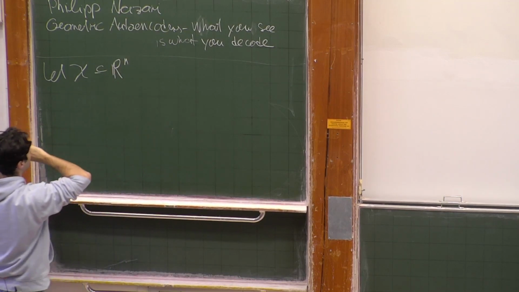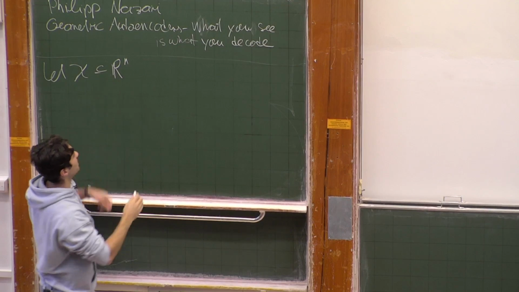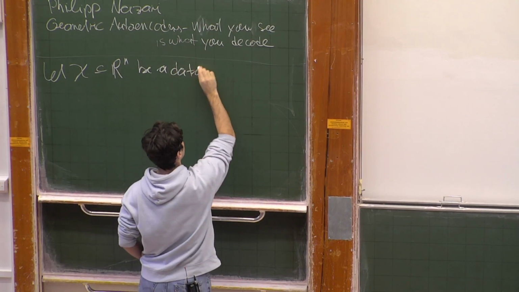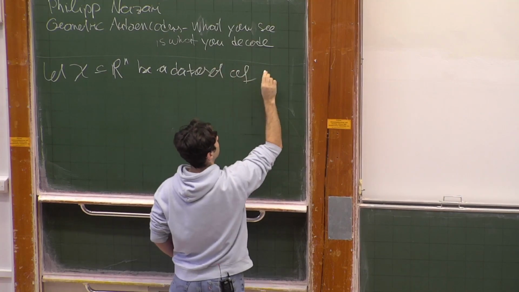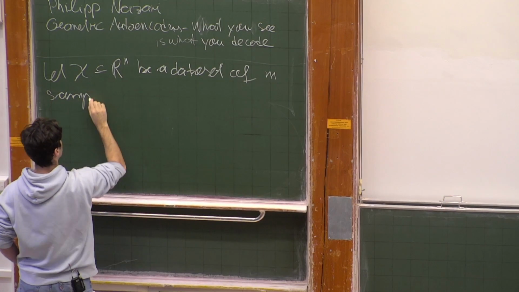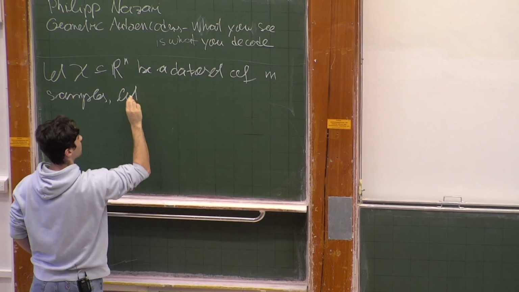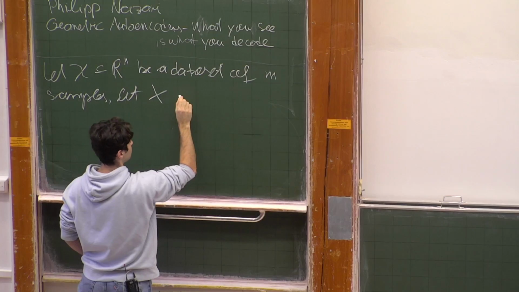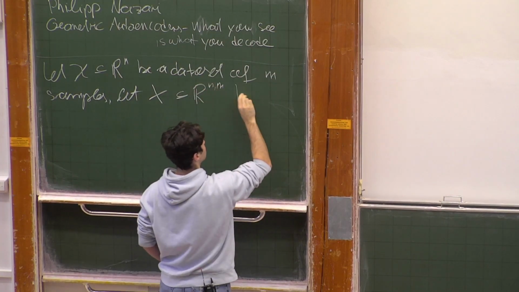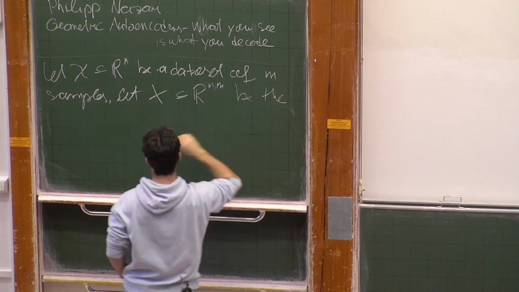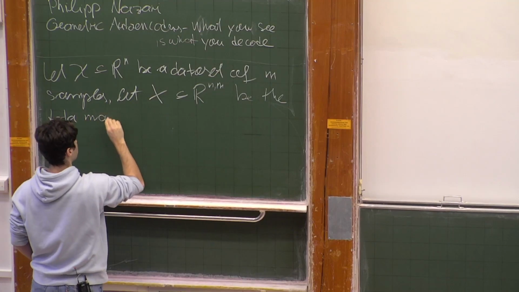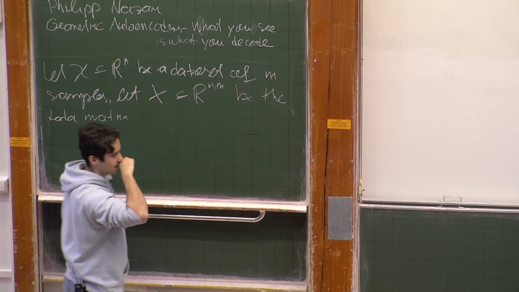We let curly X in R^n be a data set of m samples, and we let X in R^(n×m) be the data matrix, where you just stack the data points into a matrix.